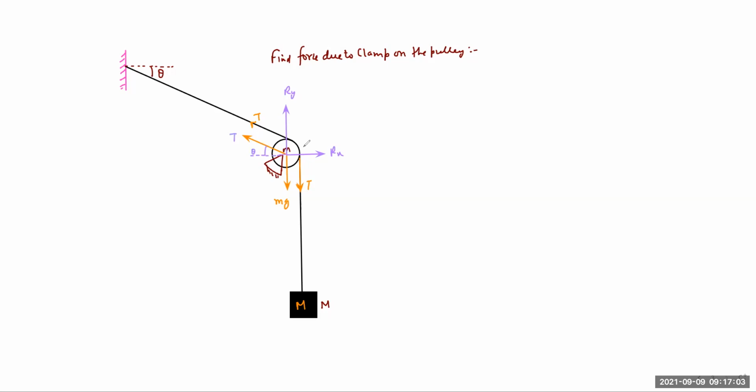This is T. Looking at the forces carefully, which again is a vector question, Ry acting above, plus T sine theta acting above, equals mg plus T acting down. So the Ry turns out to be mg plus T(1 minus sine theta), and the Rx is definitely T cos theta.